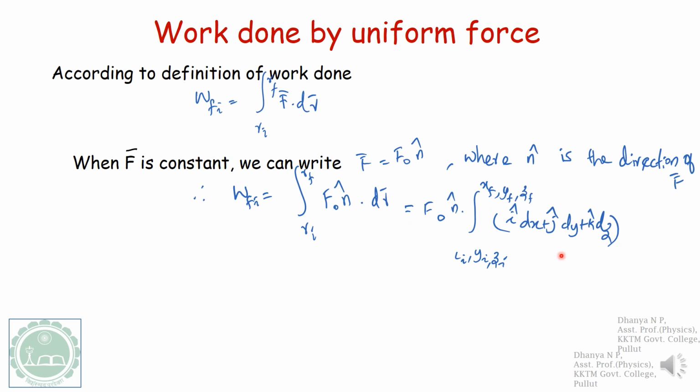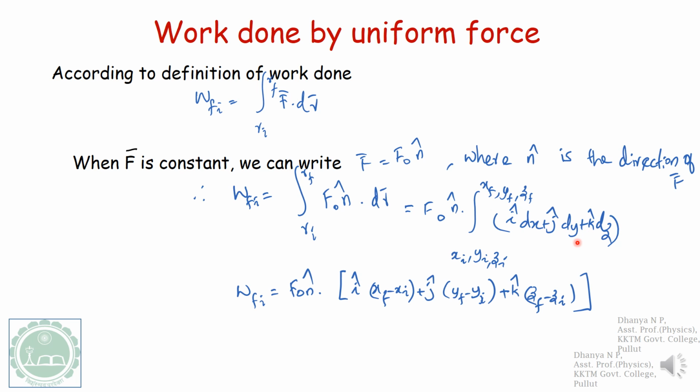dr can be written in terms of its components, i dx plus j dy plus k dz. Here i, j, k are unit vectors in mutually perpendicular directions. Therefore W_FI can be written as F0 into unit vector n dot i into dx.